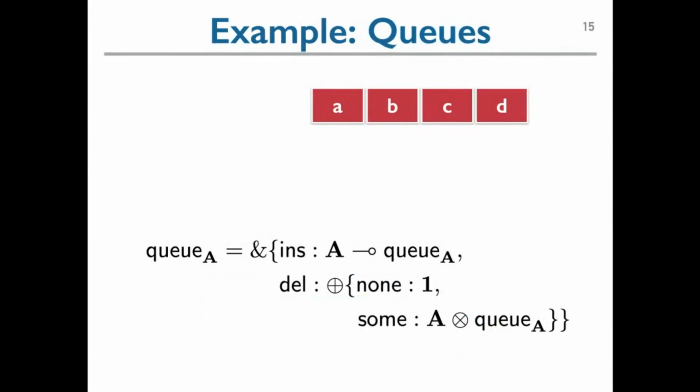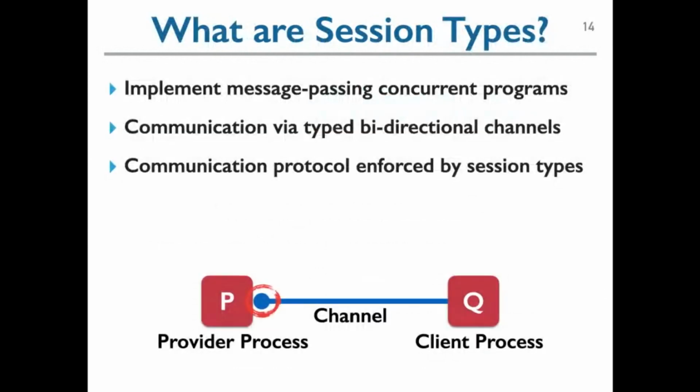Is there actually a difference between the provider and the client, or is there any particular reason why they're one way around or the other? Is the provider only allowed to send and the client only allowed to receive, or vice versa, or can they do both? No, so the channels are bidirectional, but the way these intuitionistic session types are set up is that the client kind of exists first, and then it can create a provider.